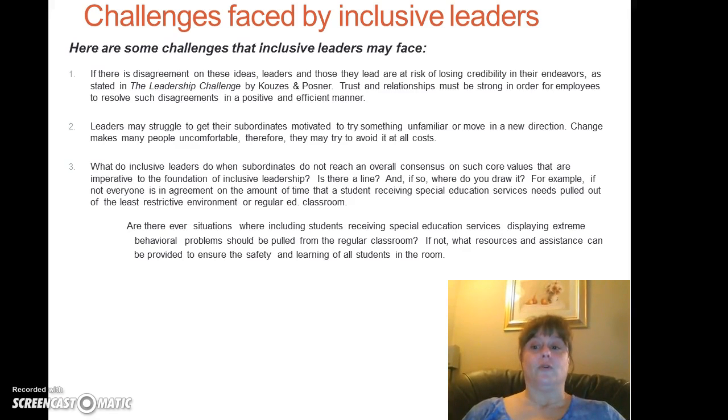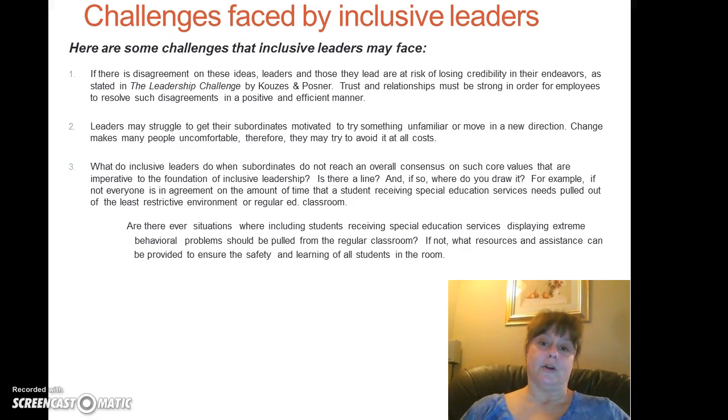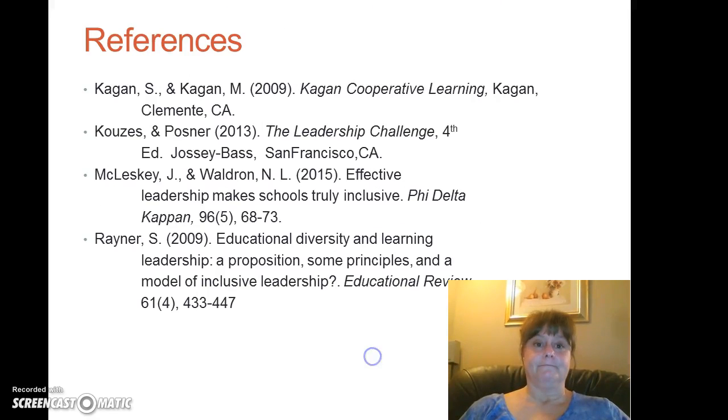If not, what resources and assistance can be provided to ensure the safety and learning of all students in the room? These are just some problems that some teachers and administrators may face when trying to instill inclusive leadership into their organization.